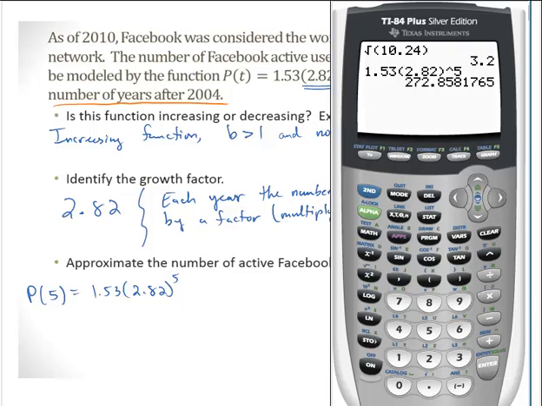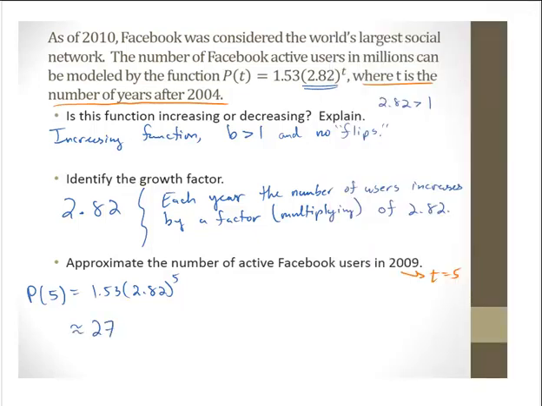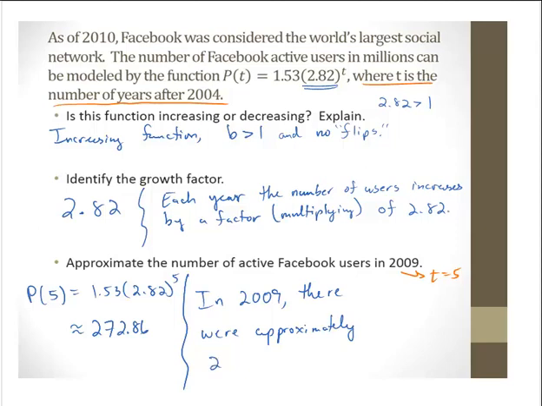Let's take it to 2 decimal places. 272.86. All right, so in 2009, there were approximately 273 million active Facebook users.